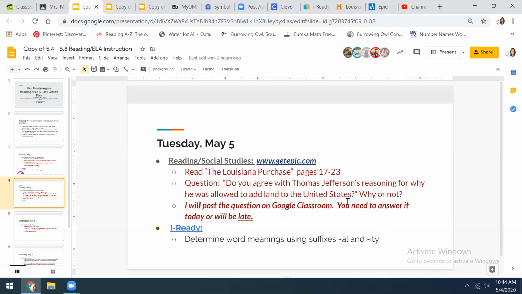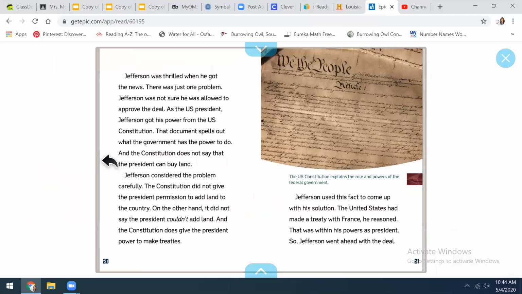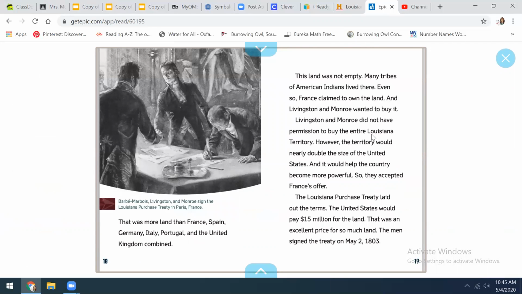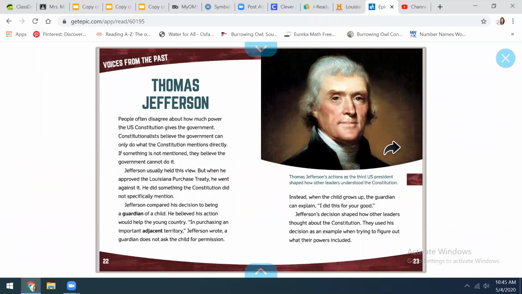First, I agree because, and then use the text. What is he doing that makes it, if you agree with his decision, why? Okay, please reread these pages because I didn't assign too many. Most of where you're going to get your answer will be probably here, and these 2 pages here.